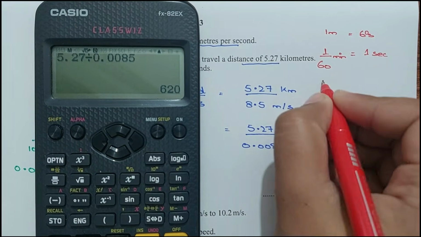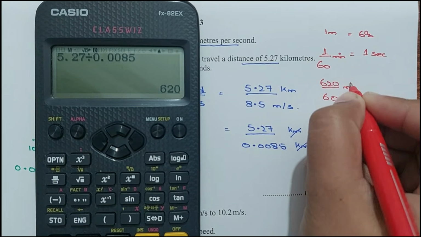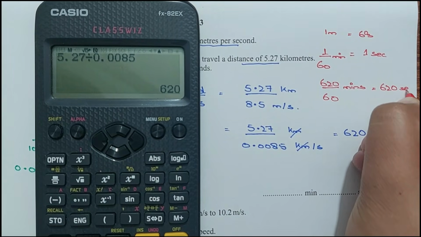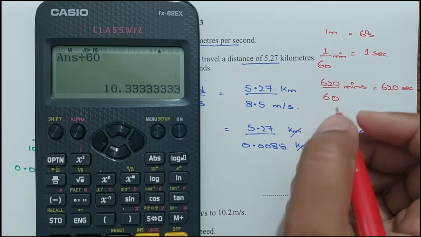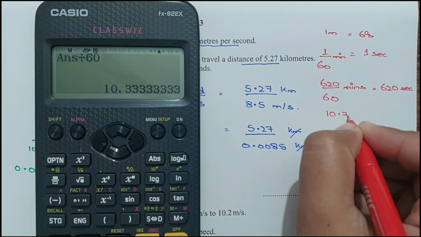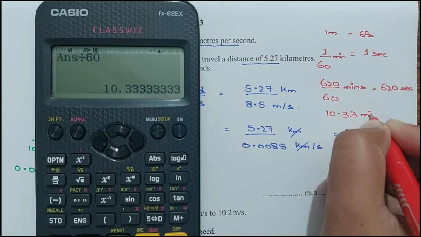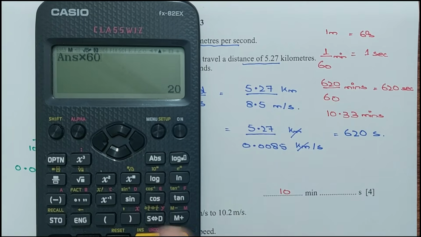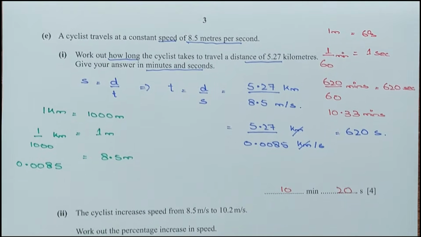So 620 seconds divided by 60 is 10.33 minutes. So basically it's 10 minutes, and subtracting 10 and times by 60 gives 20 seconds. 10 minutes and 20 seconds.